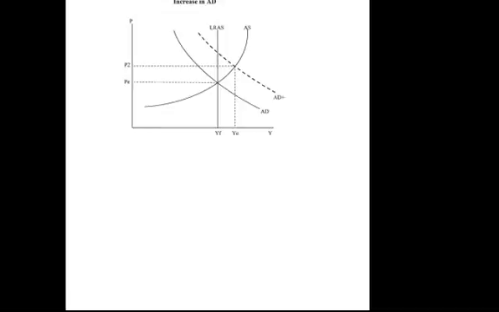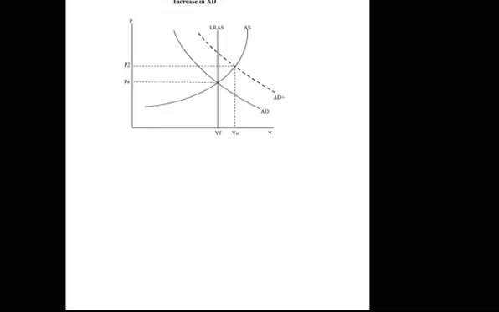Government spending, they increase transfer payments for education, more spending on education, aggregate demand increases. Then let's use our net exports. We could increase our exports, we could decrease our imports, and this would happen when the value of the dollar falls, and that will cause aggregate demand to increase.